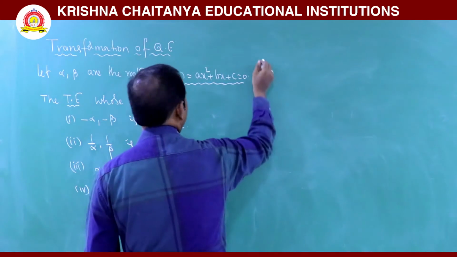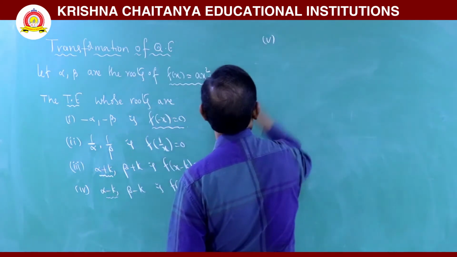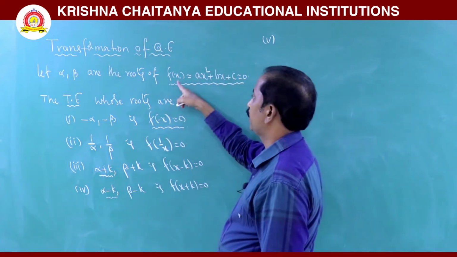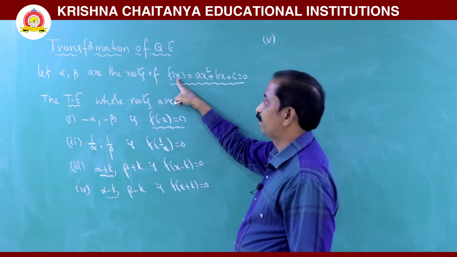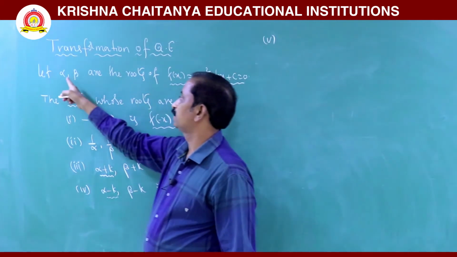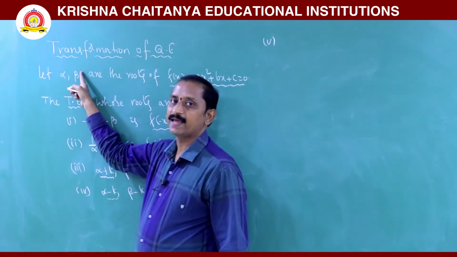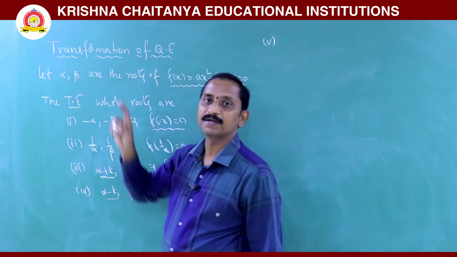Fifth point: the transformed equation whose roots are k times those of f of x is equal to 0. The roots of f of x is equal to 0 are alpha and beta. Its k times means the required transformed equation has roots k alpha and k beta.